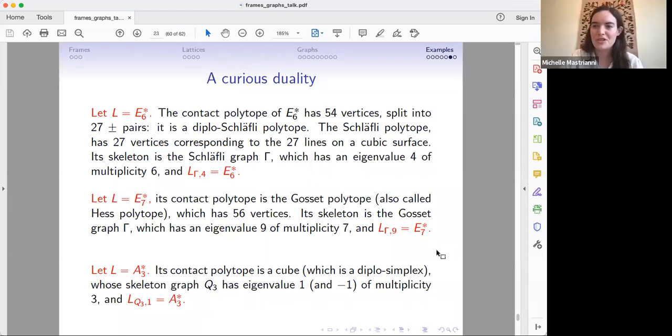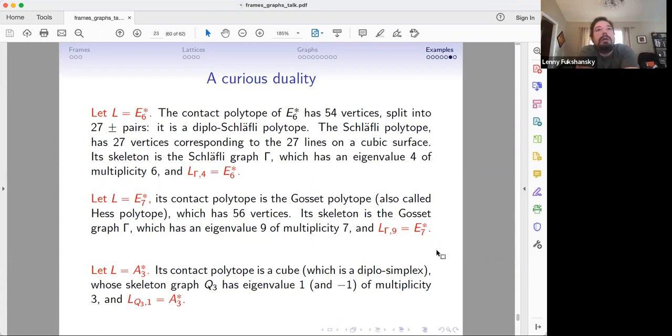I have one question. Yes. Is there an example of a tight frame that generates a strongly eutactic lattice, which is not an irreducible group frame? I think you said E8 may be such an example. Do you have other examples? Yeah.